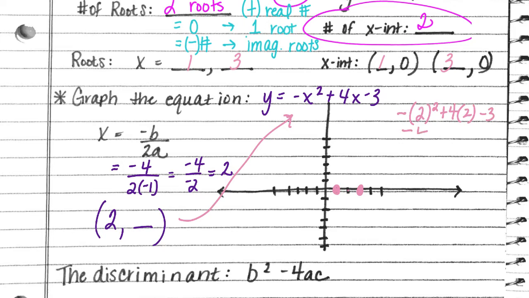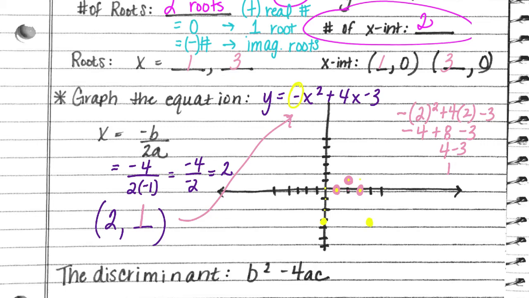So I have negative 4 plus 8 minus 3. Well, negative 4 plus 8 is 4. Minus 3 is going to give me a positive 1. So I know at positive 2, positive 1, I'm going to have a vertex. Which makes sense because your math teacher taught you that from that vertex you could go over 1, down 1. We know that this negative is going to tell me to go down. And then we could go over 1, down 3.